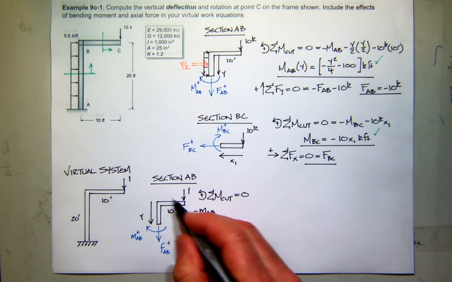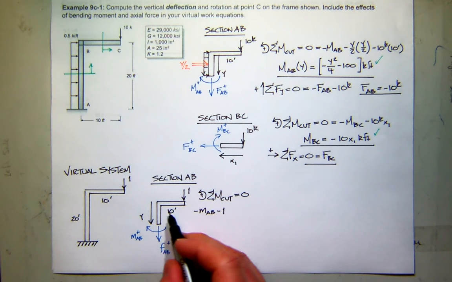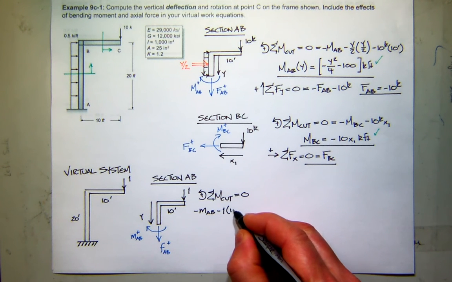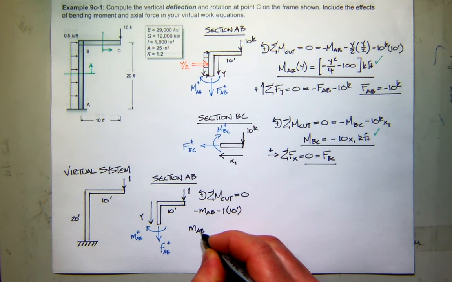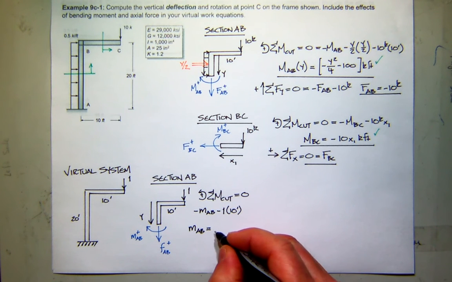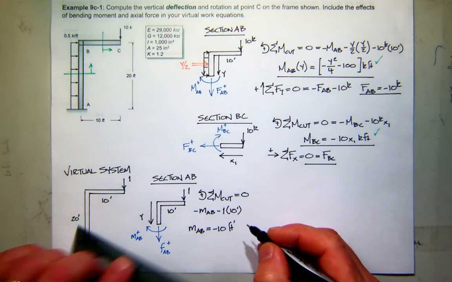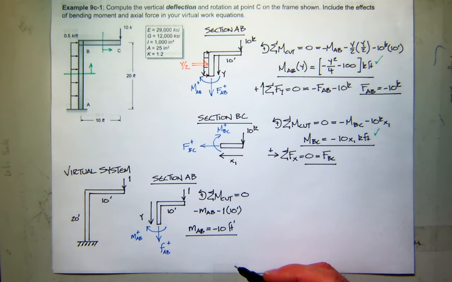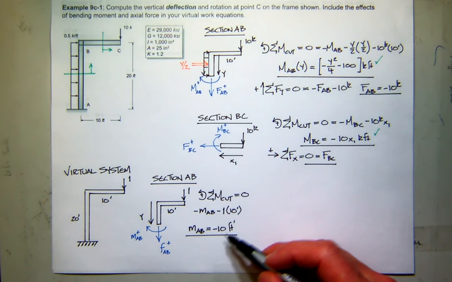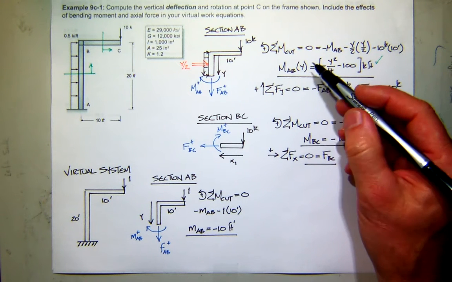And then the only other force on the system is this, minus 1, and it has a moment arm of 10. So it looks like my virtual moment at AB is going to be equal to minus 10. And it's going to have strange unit, feet. Because remember, the force unit is dimensionless. And we're going to match this guy up, the minus 10, with the real moment, and then we'll integrate that over y.